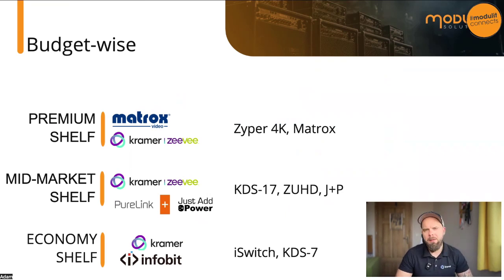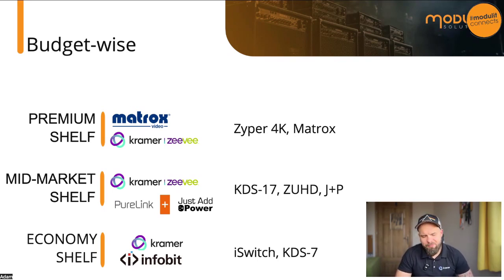Okay, how about the budget? If you consider only AV over IP for your project, but the budget is limited, use this. If you need to be cheap but still have a proper solution, we have the KDS7 from Kramer and iSwitch.